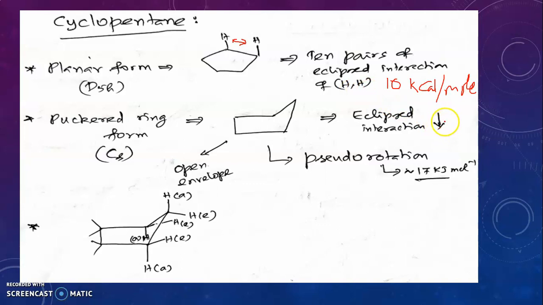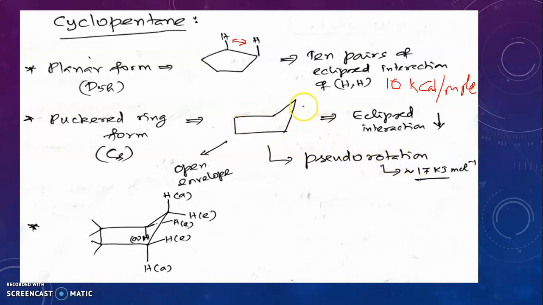Is it correct? Because if all carbon atoms are planar, then more eclipsed interaction will be there. But now only 4 carbon atoms are in one plane and 1 is not. Therefore, eclipsed interaction decreases. But this cyclopentane undergoes pseudo rotation.